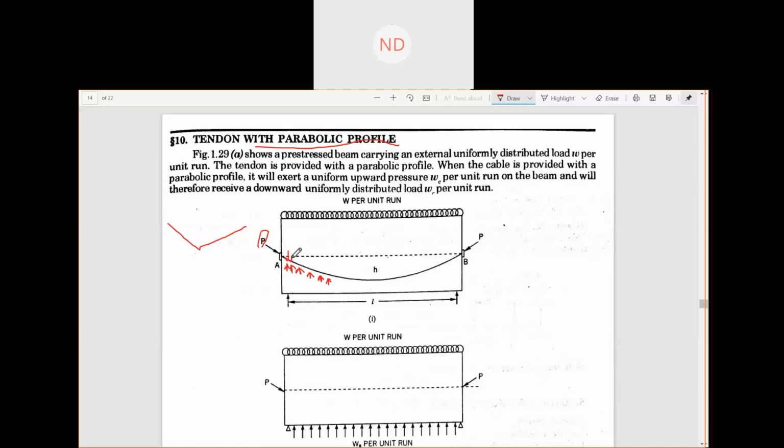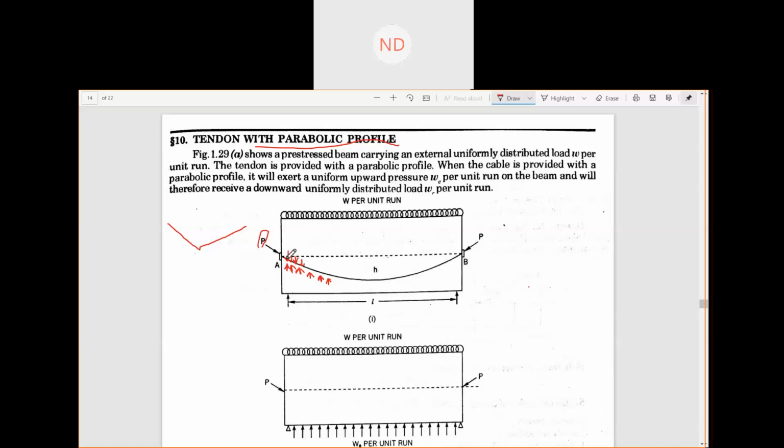So these upward pressures due to the parabolic tendon are trying to counterbalance the downward forces per unit run.